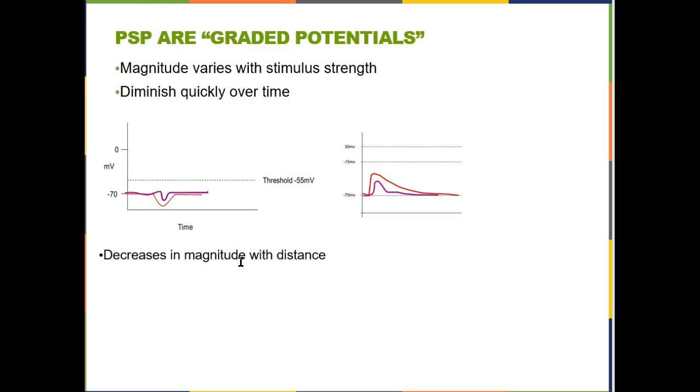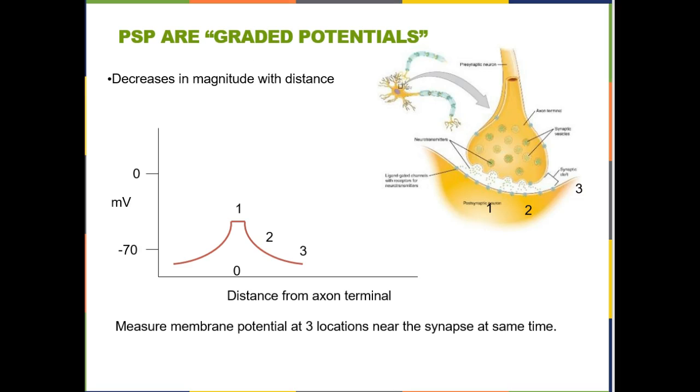Decreasing in magnitude with distance requires a slightly different graph, or a different way of looking at it. I did just add this 0 right here, so if you don't have it on your graph, that's fine. Here you want to imagine that we've placed electrodes, little measuring devices, at these three places.